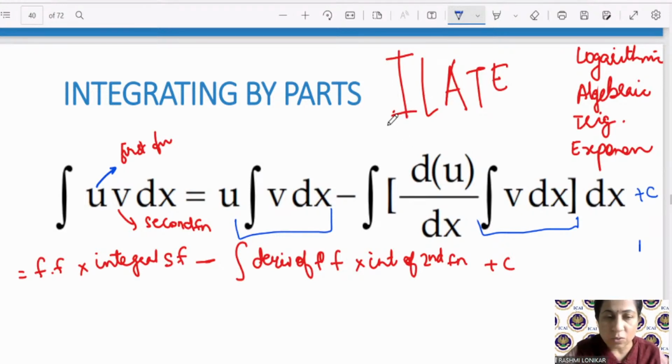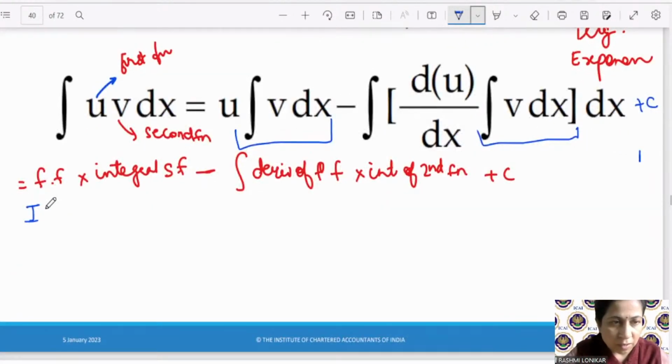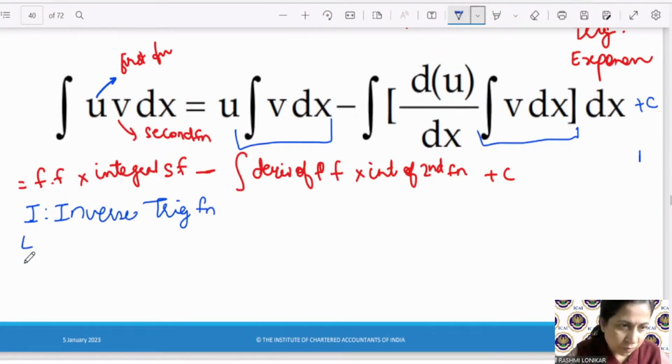What is the rule? ILATE. I stands for inverse trigonometric function. L stands for logarithmic functions.